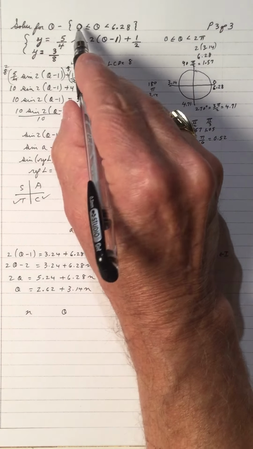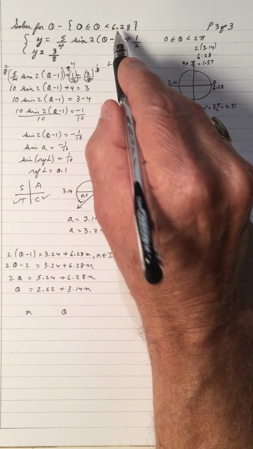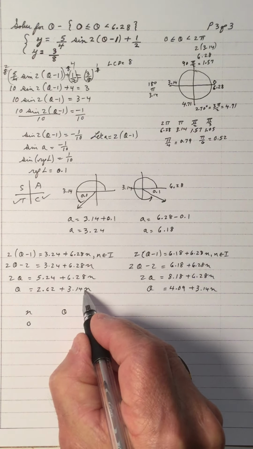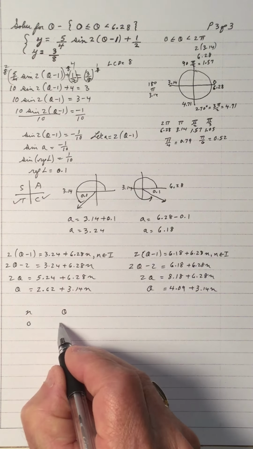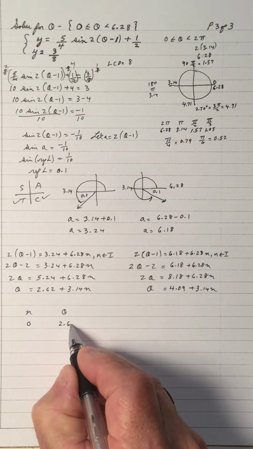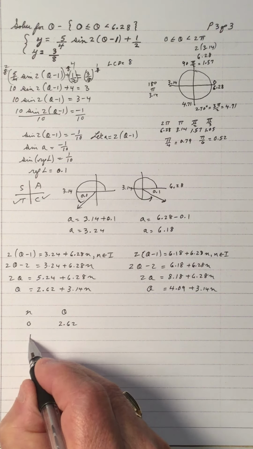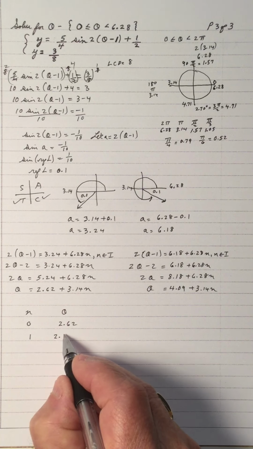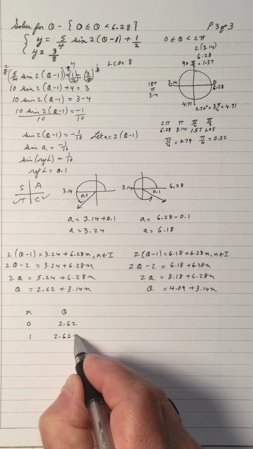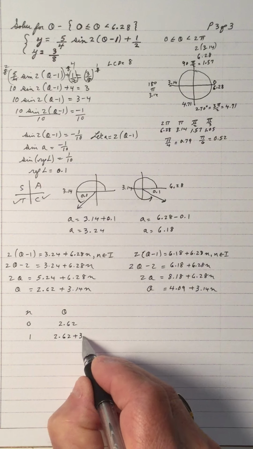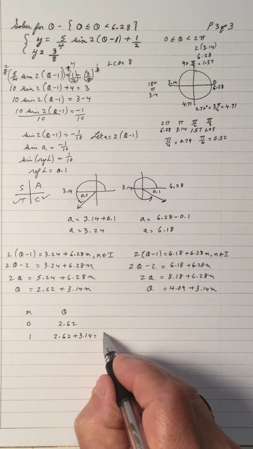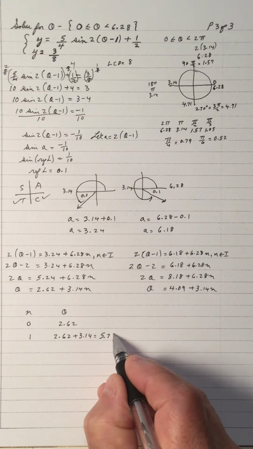So again, we're going from 0 to 6.28. So we put n as 0. So we put a 0 in here. We get 2.62. We put a 1 in, and we get 3.14, and that ends up to be 5.76.